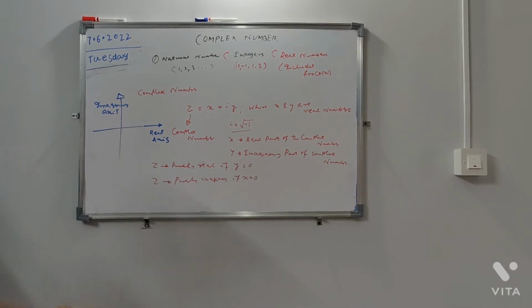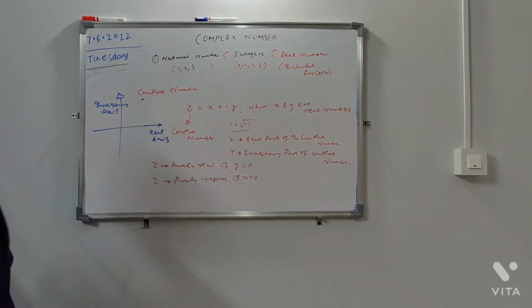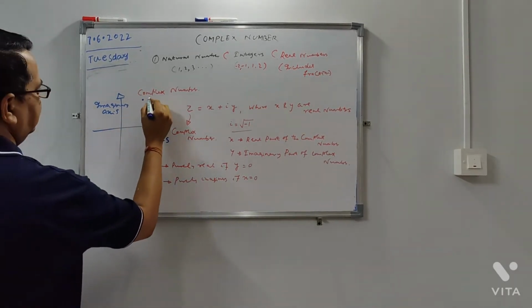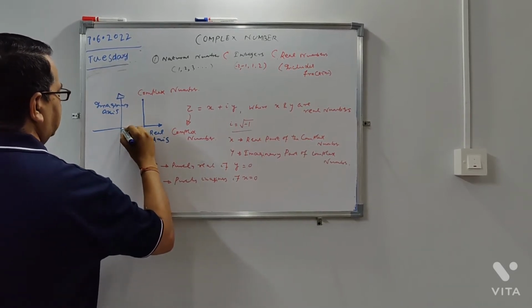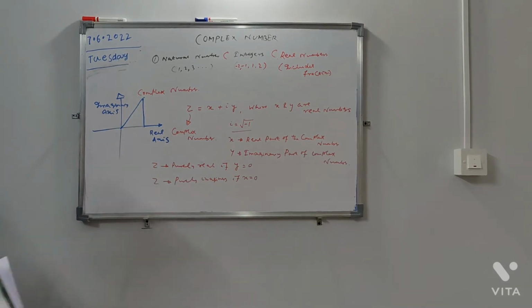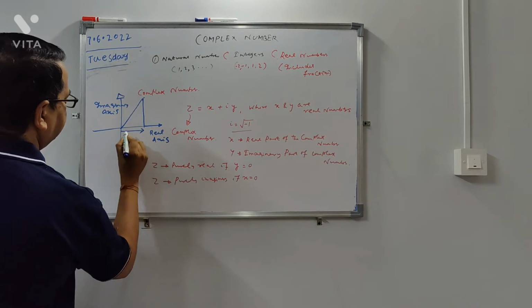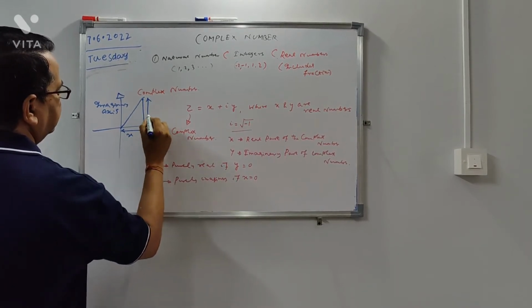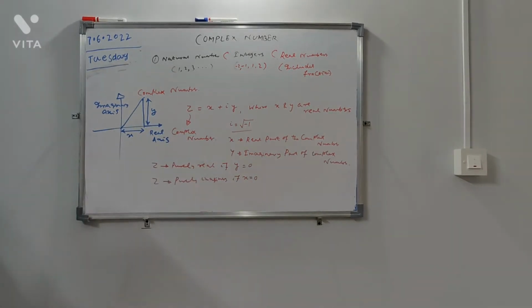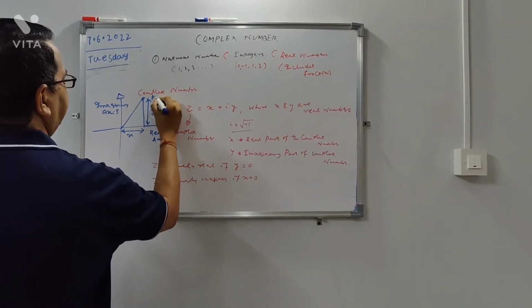If I have a coordinate, let us say P, this coordinate will have an x coordinate, and this is your y coordinate. This is the point P having coordinates x and y.